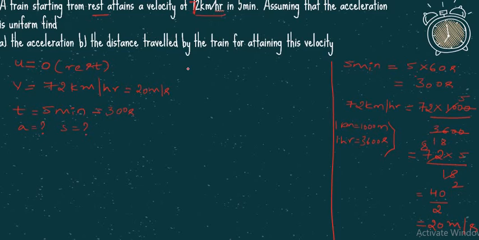So what I need to find is acceleration. What is the definition of acceleration? It is nothing but the change in velocity divided by the time taken. So a is equal to 20 minus 0 divided by 300. 0, 0 will get cancelled.